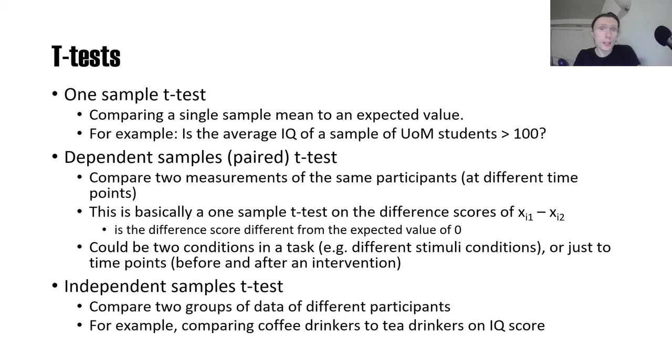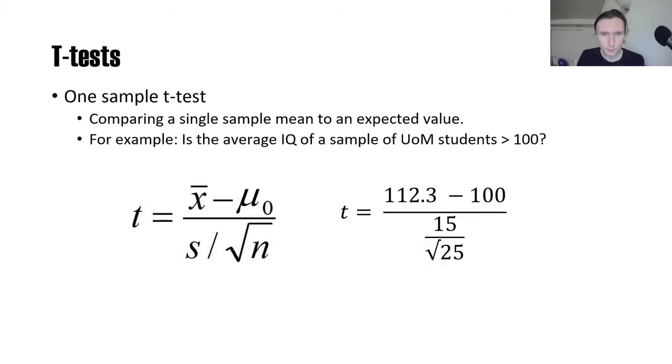So let's actually take some examples and go through the statistics and calculate what the t-score would be and see what that means. So again, here's our t formula, and let's start with this first example. We would want to see if the average IQ score of a group of students is larger than 100.